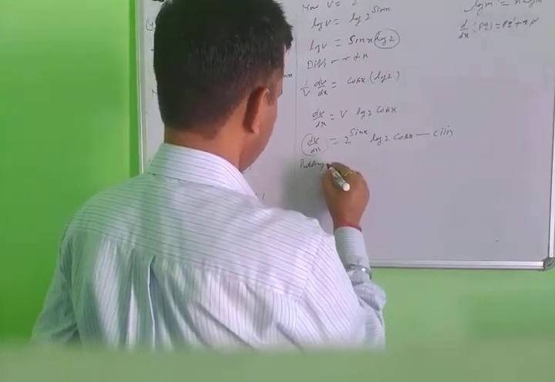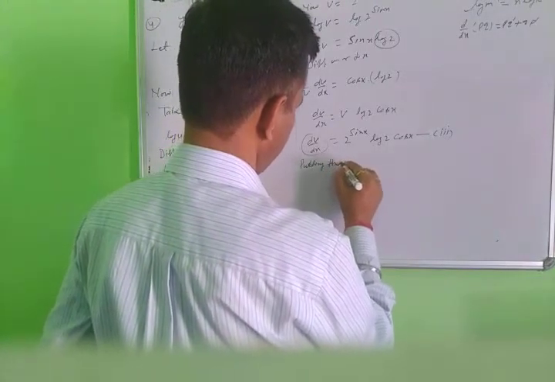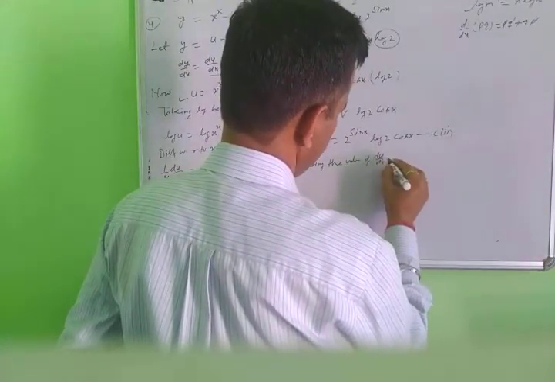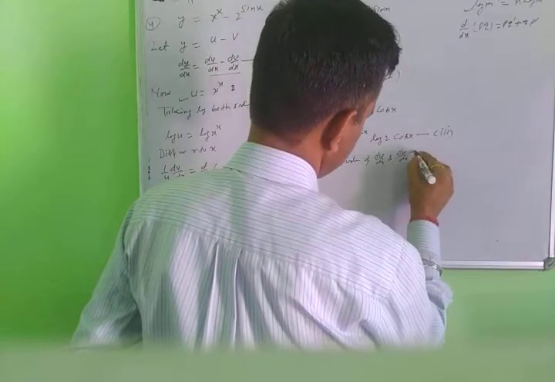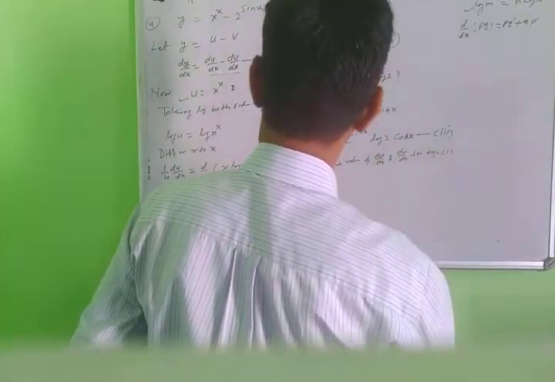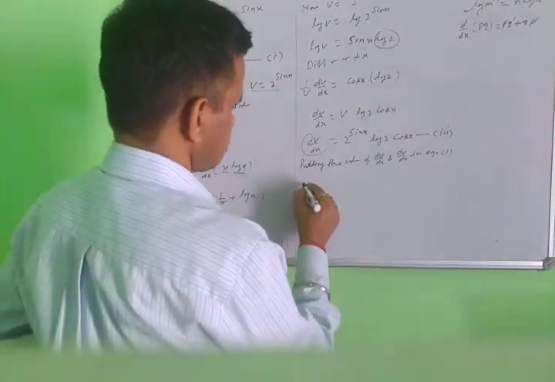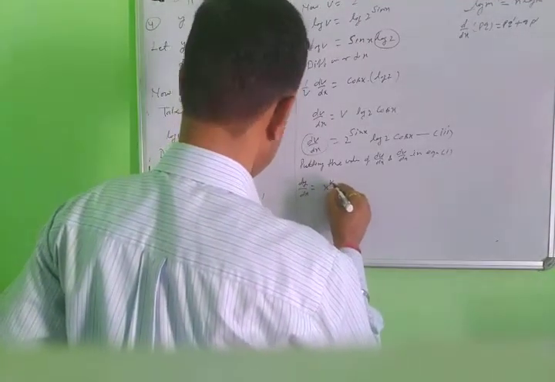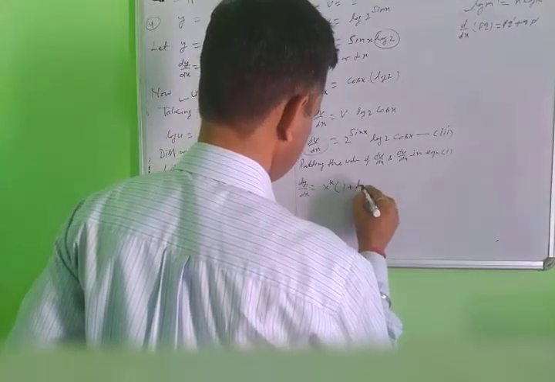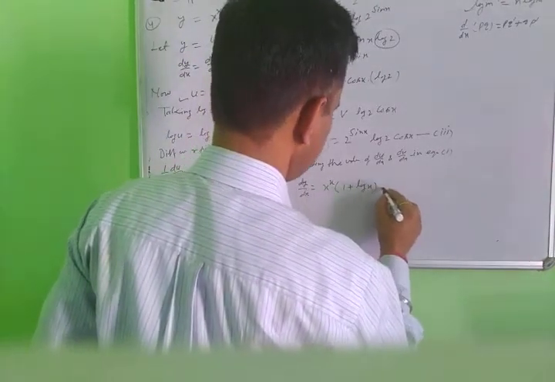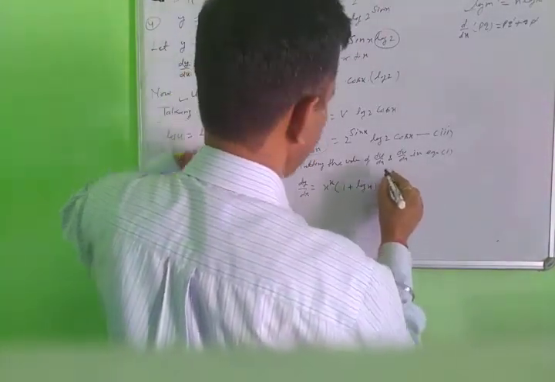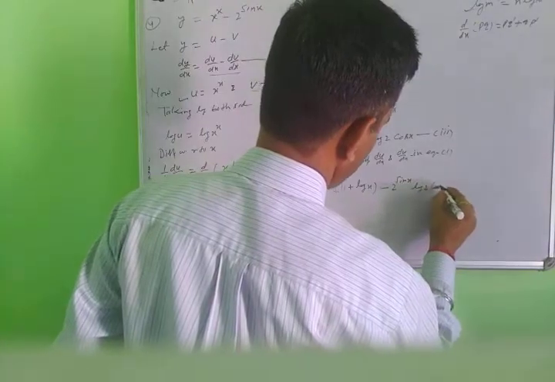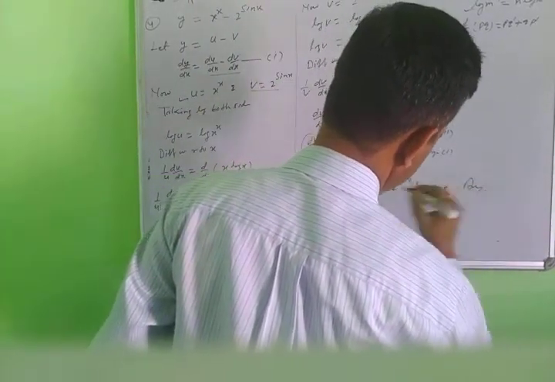Putting the values of du over dx and dv over dx in equation first, dy over dx equals x^x (1 plus log x) minus 2^(sin x) log 2 cos x. This is your final answer.